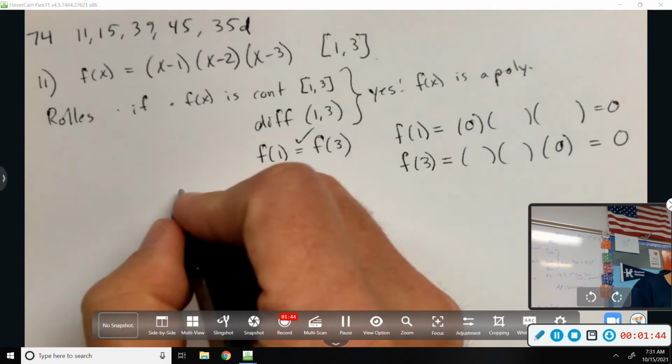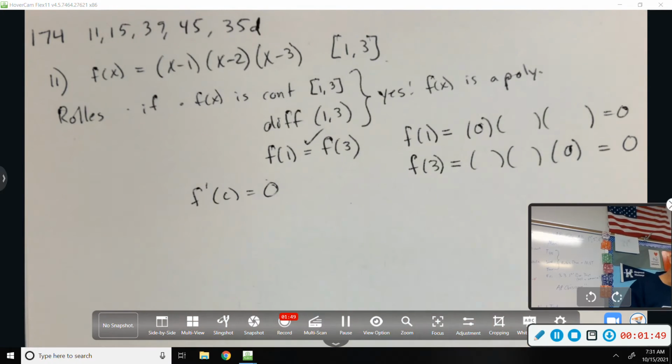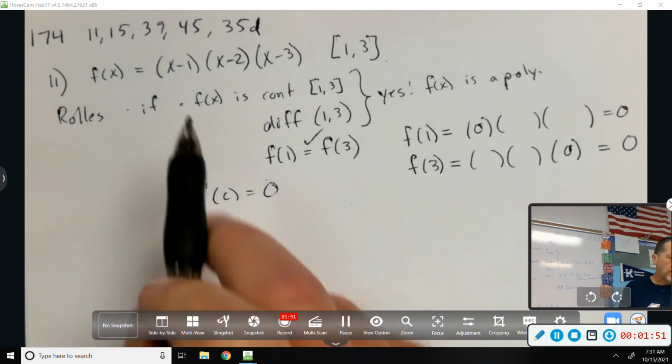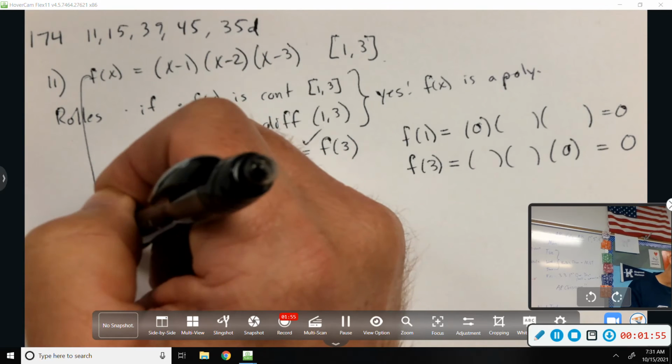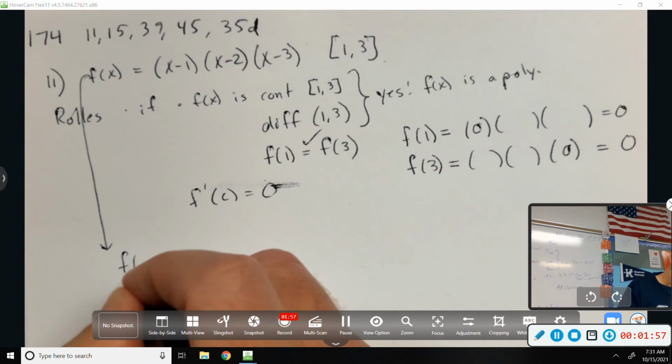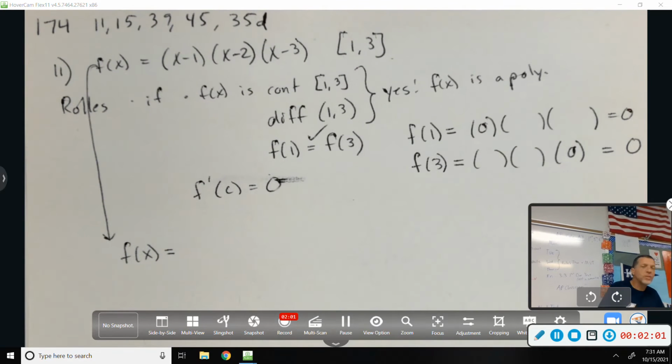Now we're going to figure out where the derivative is equal to 0. Except that I don't really want to take a derivative in this format. I'd rather multiply that stuff out. I mean, I have to either pay the price in derivatives or pay the price in algebra. There's no getting around it.